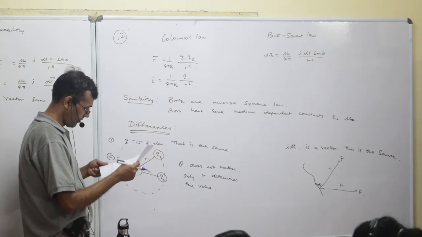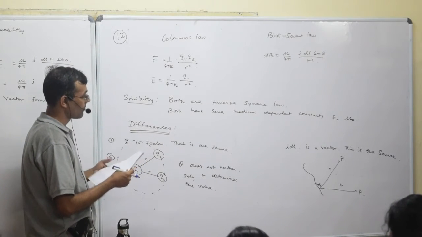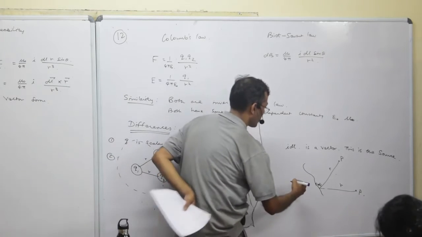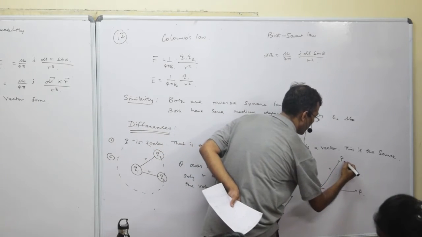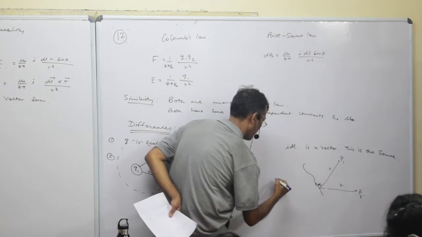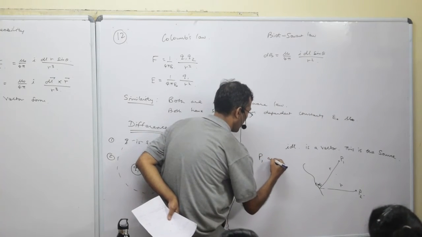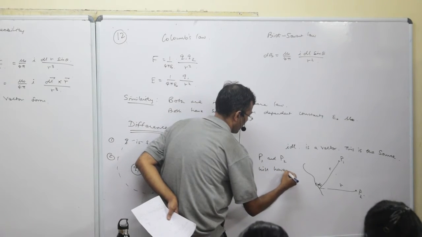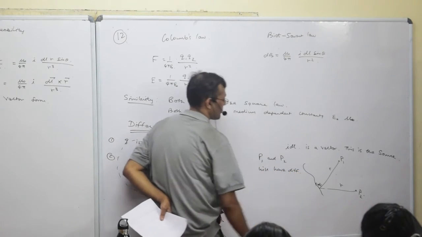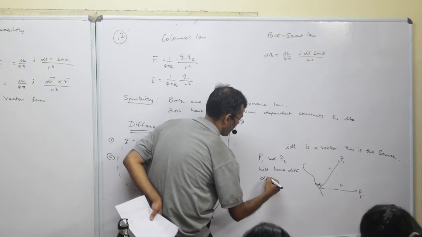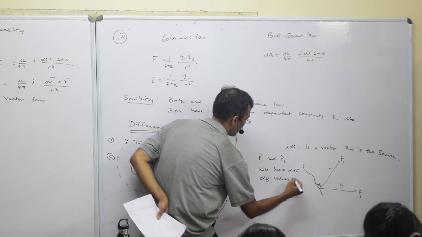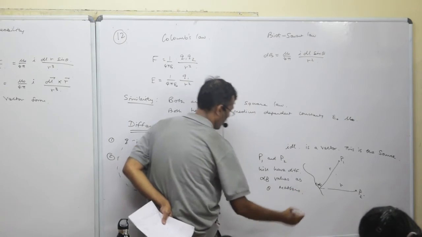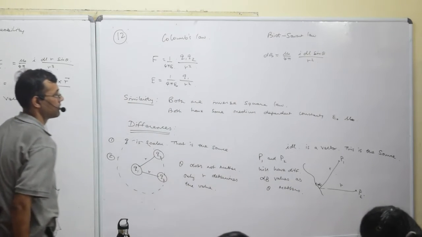You would say, so that's what the sine theta is. P1 and P2 will have different dB values as theta matters. So here theta does not matter, there it matters.